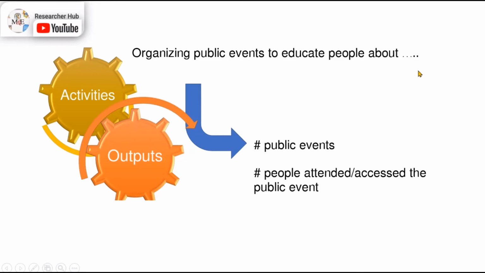Maybe here it is probably about hygiene or about farming, probably chicken farming. And the output that the project is interested to know is the number of public events, the number of people attended, or access to the public event.